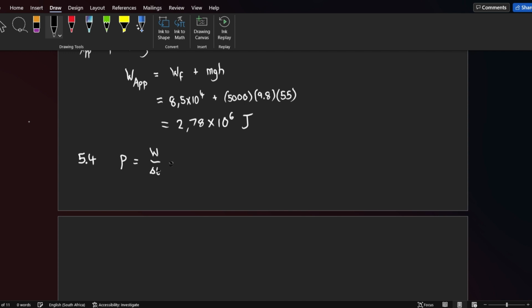And we've already solved for the work done by the engine, which was 2.78 times 10 to the power 6, and they gave us a time value of 60 seconds. And when substituting that into our calculator, we get the final answer to be 4.63 times 10 to the power 4 watts. Watts are the unit of power.